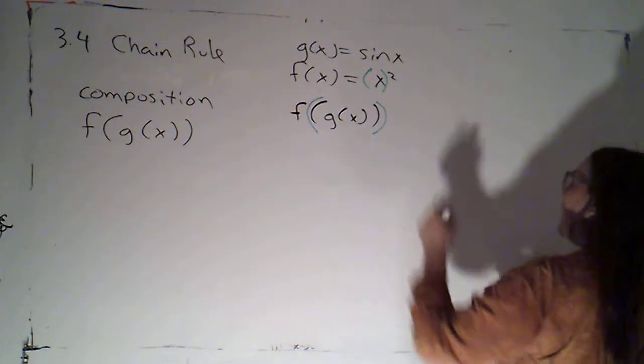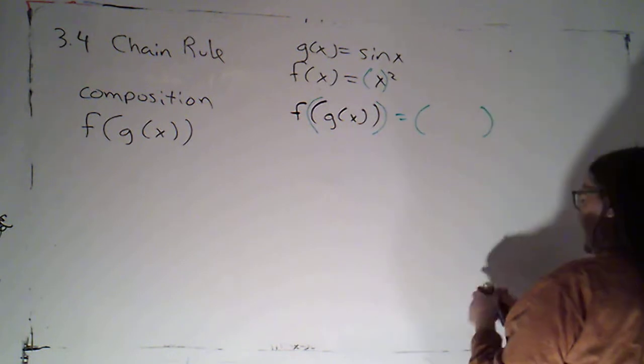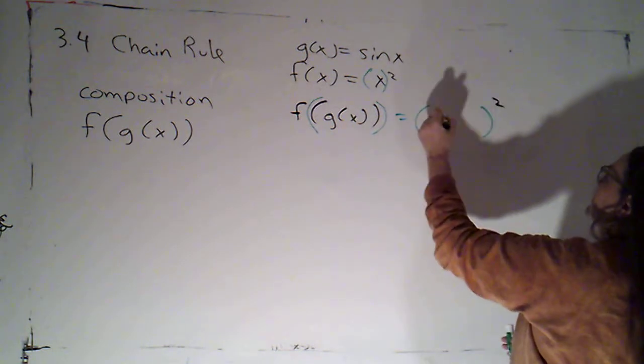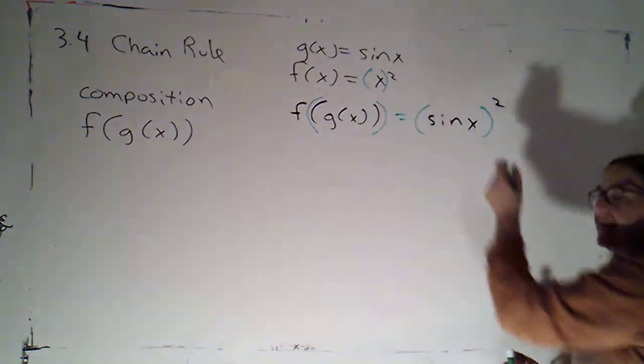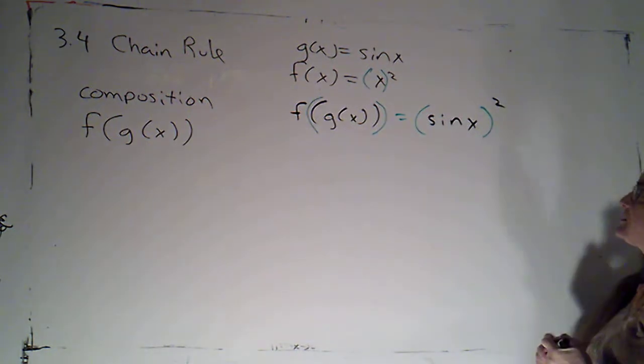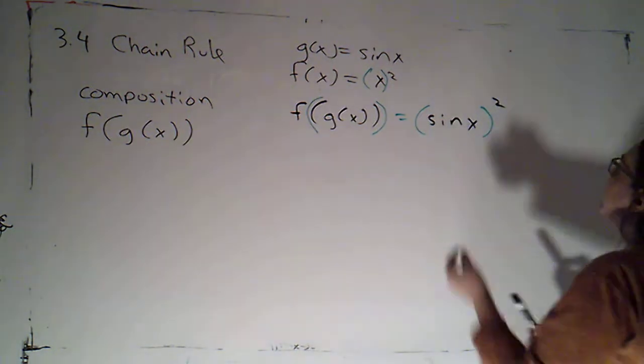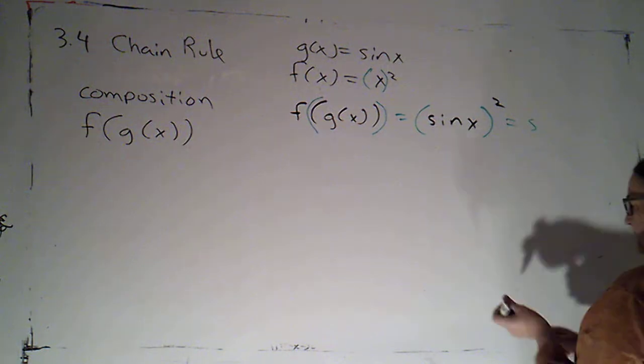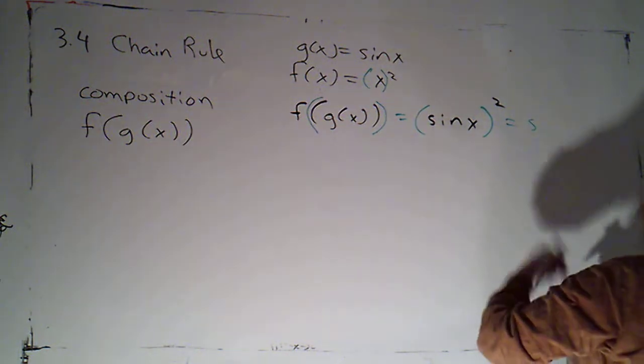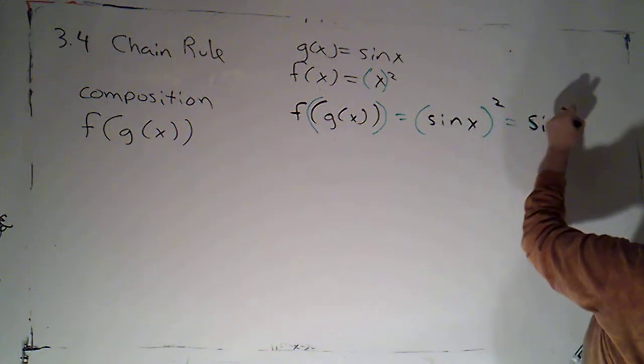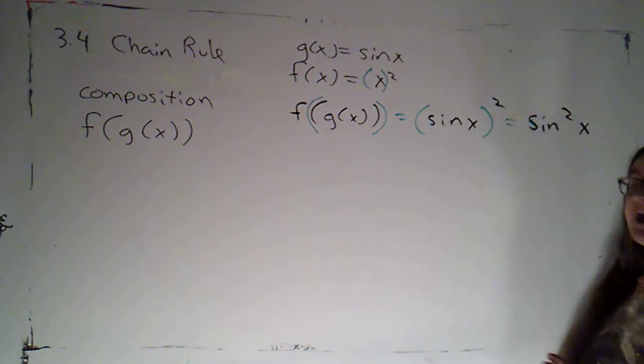And what g of x is, is sine of x. Okay. So f tells me to take my input and square it. This would be having me take sine of x and square that. Now, we often will write that as just sine squared of x.